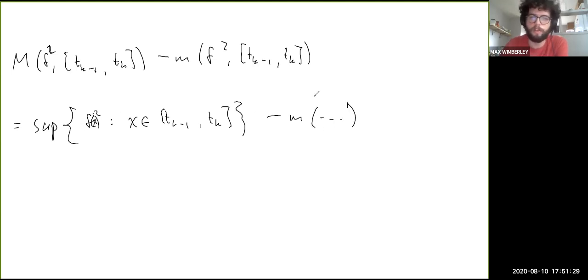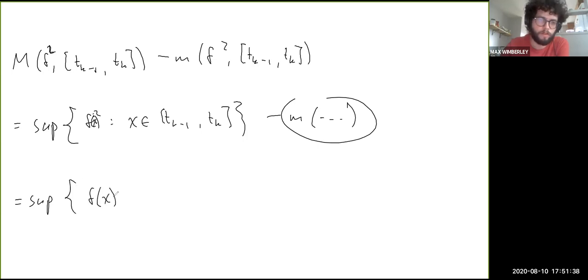If you think about this as a constant, you can move this inside. So this is the supremum of f of x squared minus little m of f squared on t_{k-1}, t_k.